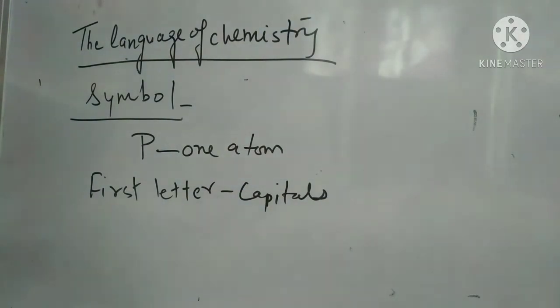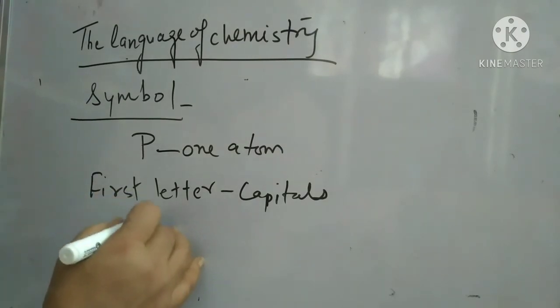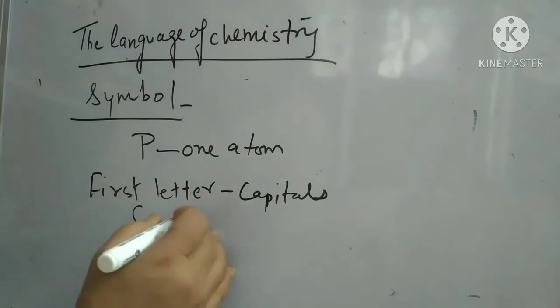In cases where the first letter is already adopted, the initial letter in capital together with its small letter from its name was used. Example: calcium, silicon.